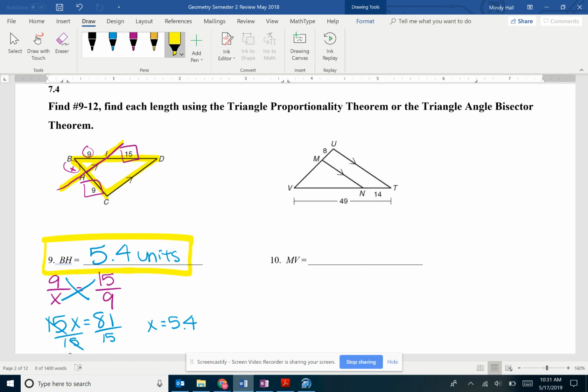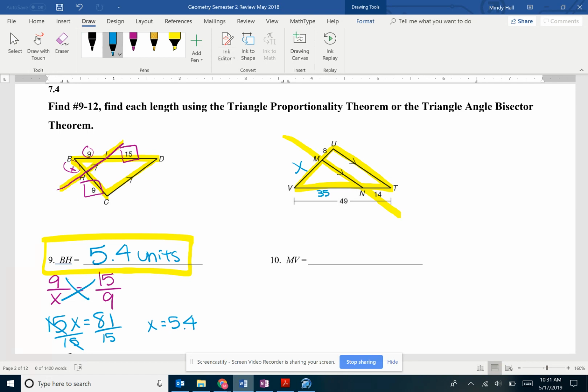Then for this one, again, we have our triangle, and somebody came through and cut it with a parallel line, so I know these pieces are proportional. Since I'm looking for MV, that's right here. To get the value of VN, you can do 49 minus 14, which is 35.